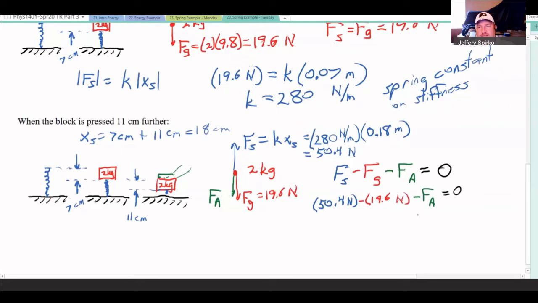So that's what tells us that the force applied is equal to 50.4 minus 19.6, which is I think 30.8.